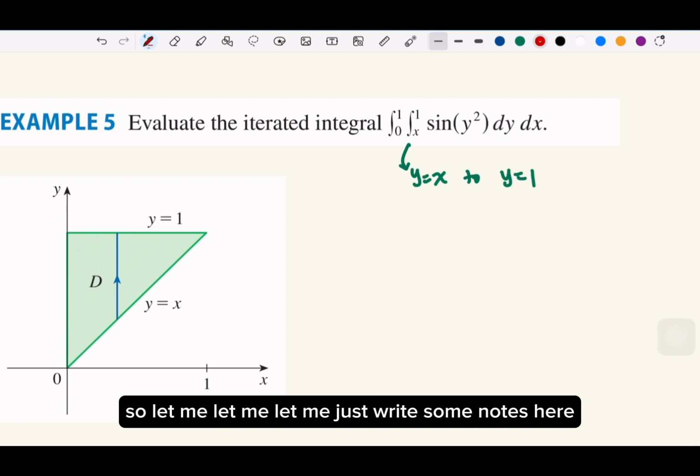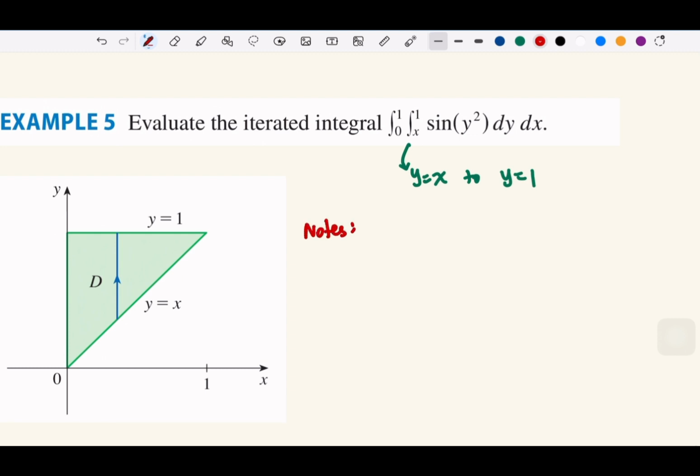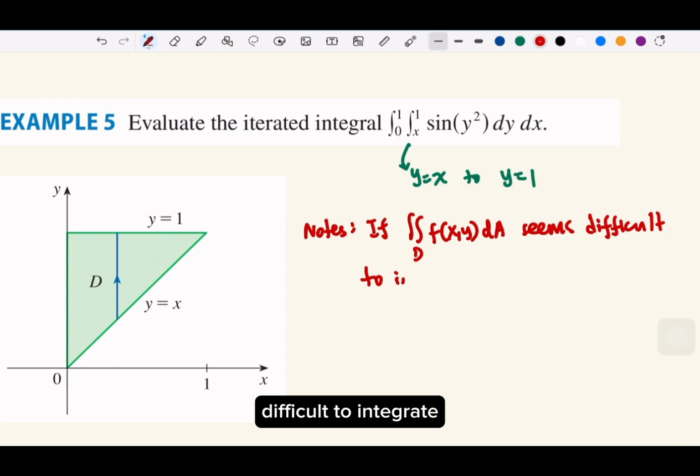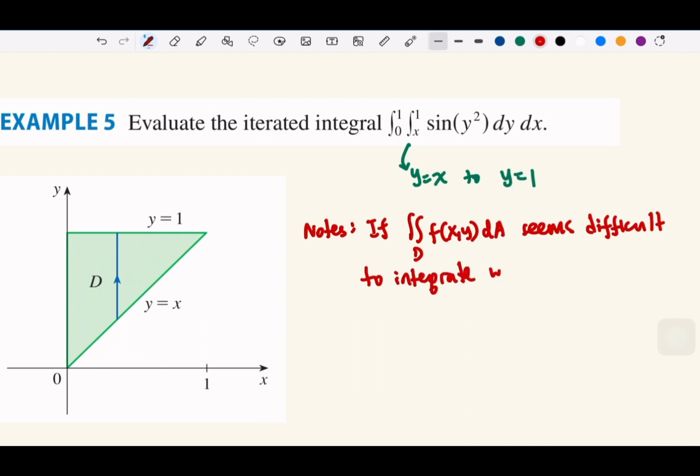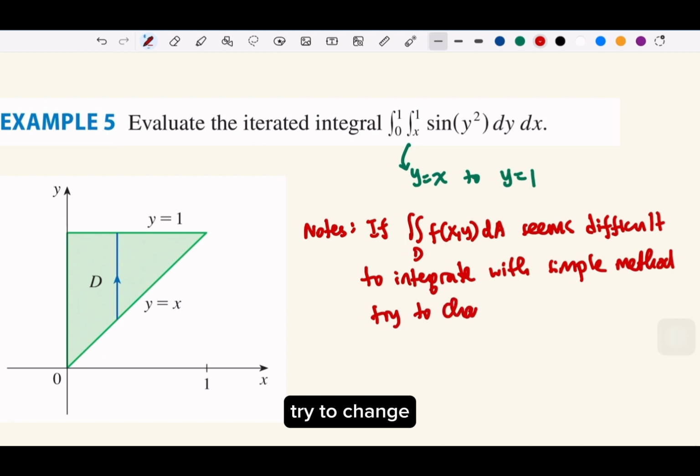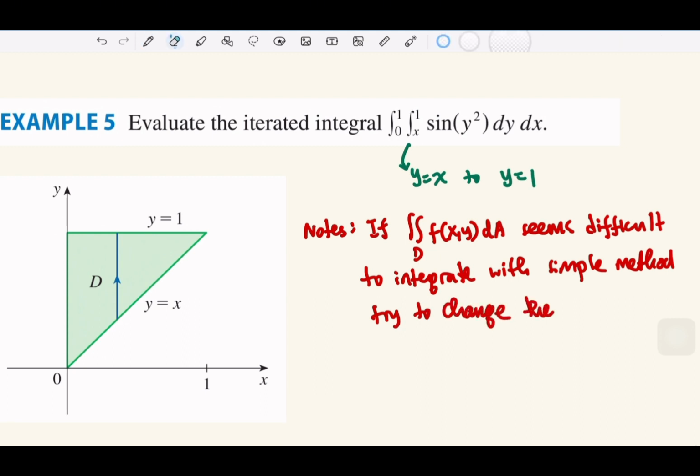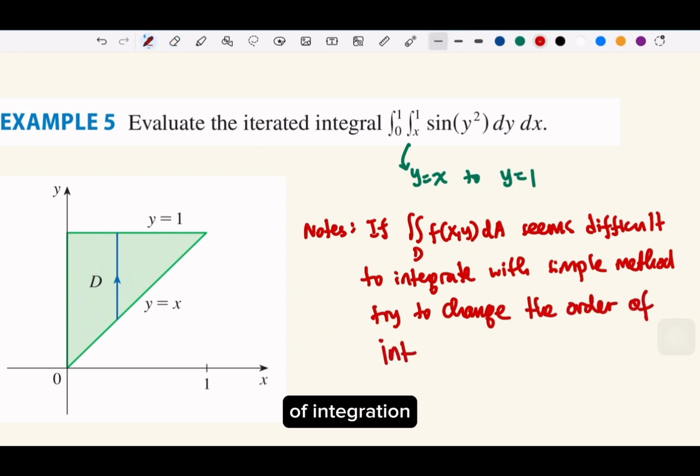So let me just write some notes here. If a double integral seems difficult to integrate with a simple method, try to change the order of integration.